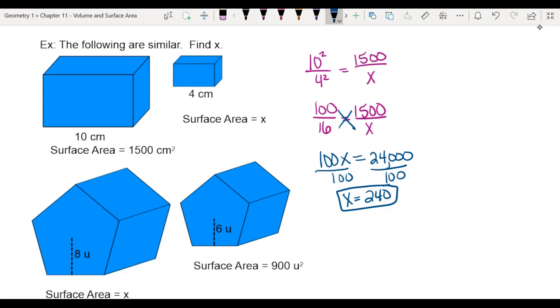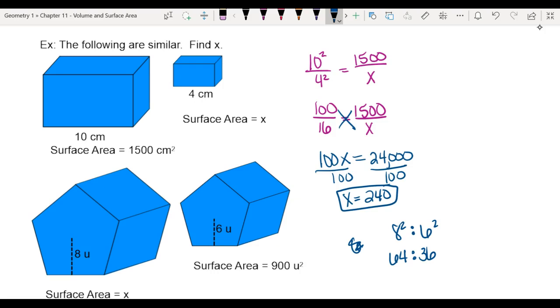The one thing I do want to talk about today is they will say, what's the ratio of ones like this? If they say that, you're going to do 8 squared colon 6 squared. So 8 squared is 64. What's 6 squared? Then you have to figure out what divides both. What number divides 64 and 36?